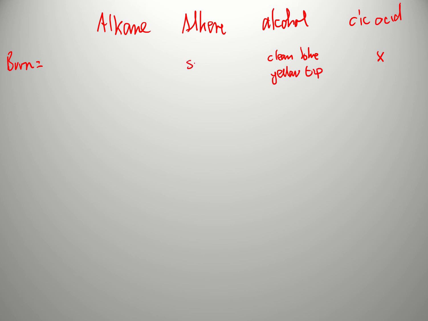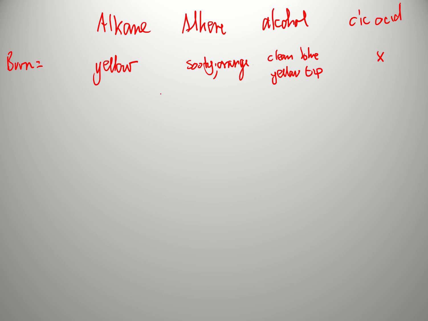Alkenes burn with a very sooty, black flame, with a very orange colour to it. Alkanes burn with a fairly yellow flame, in between the alkene and the alcohol. So if you did want to burn it, you could probably do that.